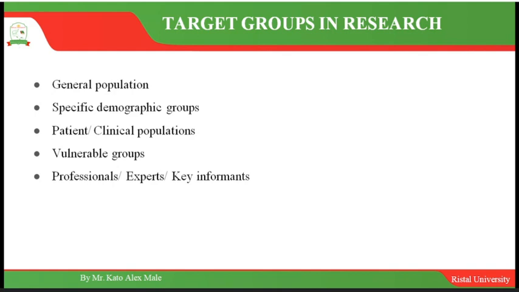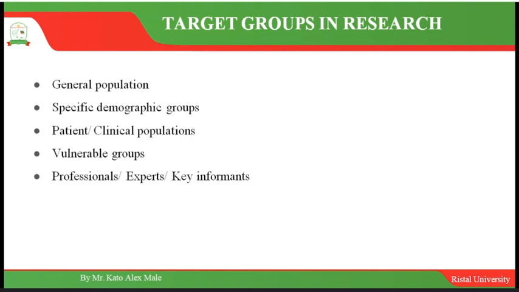However, there are cases whereby I will get those who visit the health facility for antenatal services. That is also a patient or clinical population. Then vulnerable groups, I can decide to get only those who have been exposed to the risk factors. I can decide to get the prevalence of lung cancer among men who smoke cigarettes.